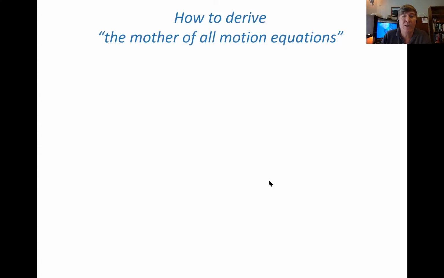Okay, so I'm going to do this derivation now. The way I'm going to do it is I'm going to start by just drawing a couple diagrams here. If I have acceleration equals 0, that means I have constant velocity.